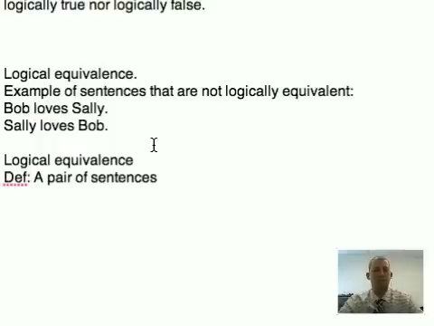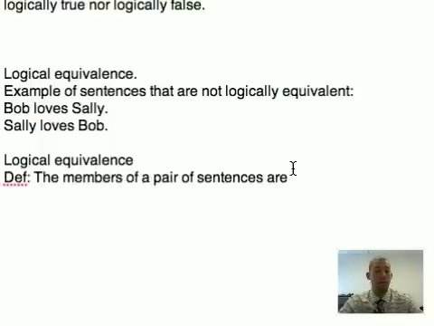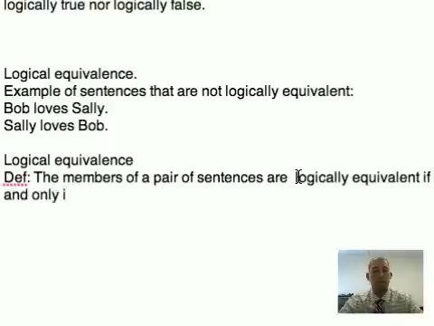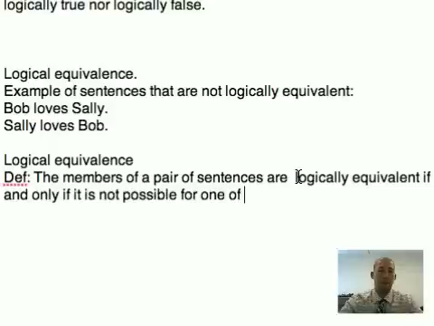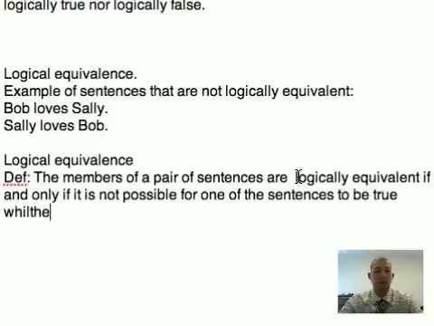The members of a pair of sentences are logically equivalent if and only if it is not possible for one of the sentences to be true while the other.